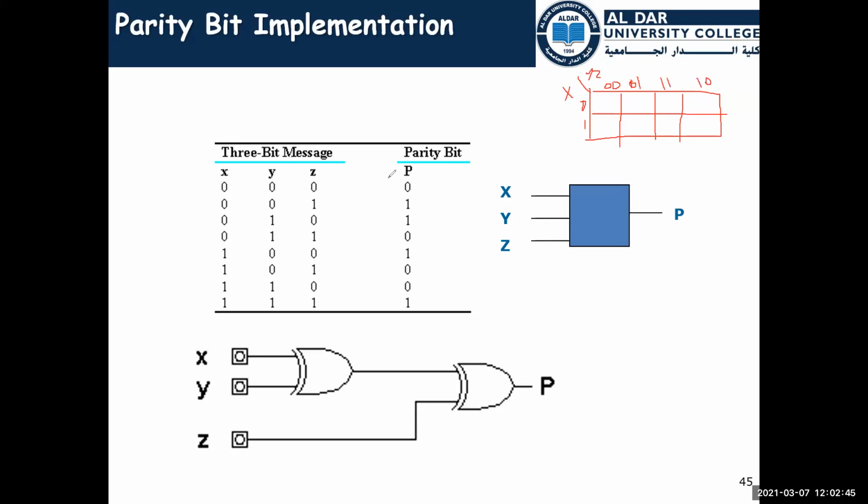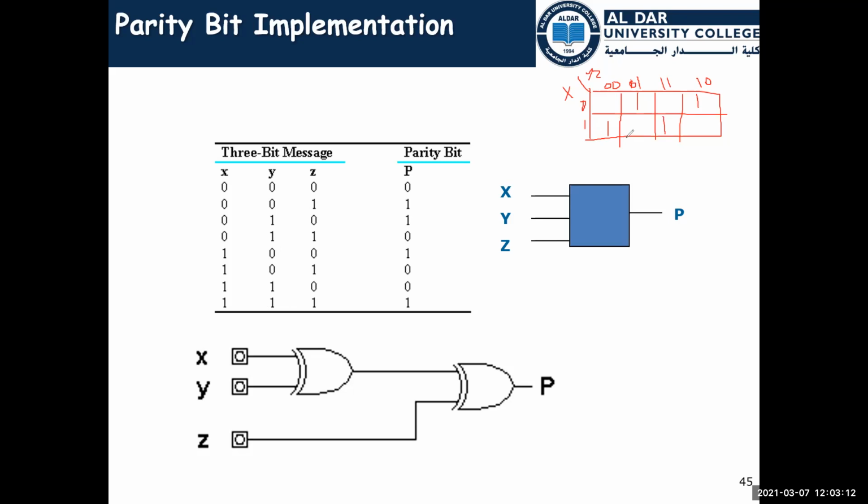Okay, let me check. This is 0 0 1, which is 1 here; 0 1 0, which is 1 here; and 1 0 0, which is this one. And the last one is 1 1 1, which is this one.